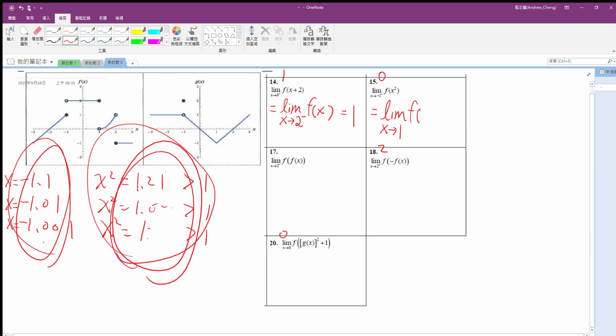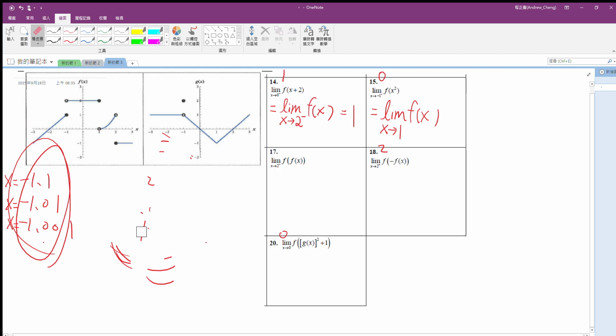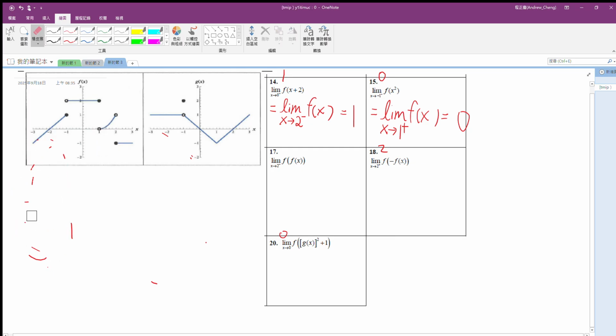If you see the graph, approaching 1 from the positive side, that becomes 0, because here it's from the positive side. So that's why the answer is 0, but not 2. This is a bit tricky, but you have to think about the behavior of x squared.